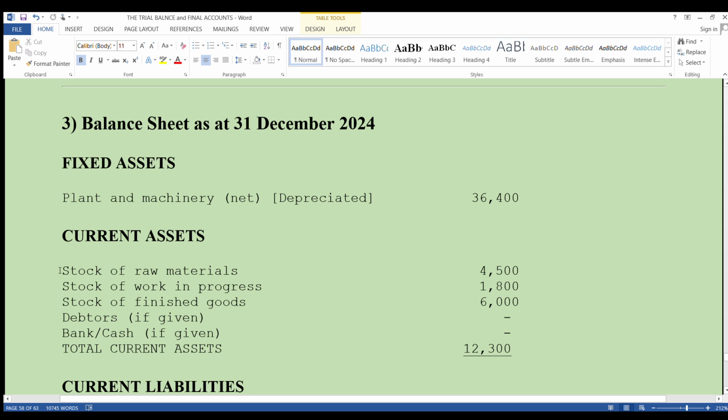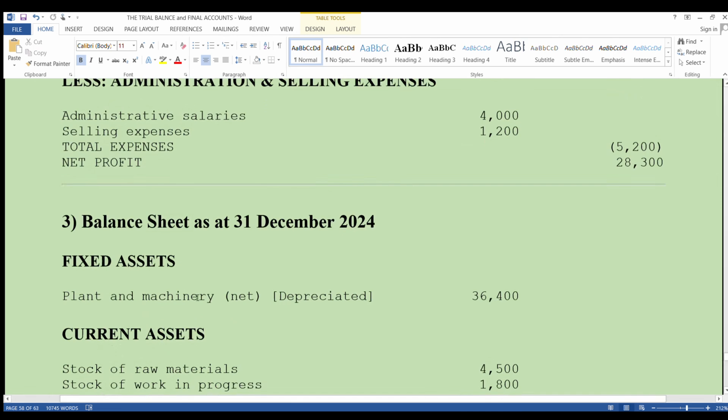But what is important is to know that on current assets, you record these closing stocks of raw materials, work in progress, and finished goods. Okay, then on fixed assets, whether it's manufacturing account or not, you have to record the net value, that is the value at the beginning of the year minus the depreciation.